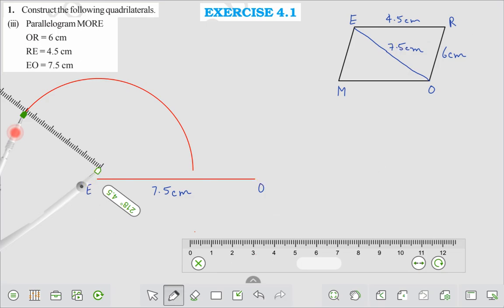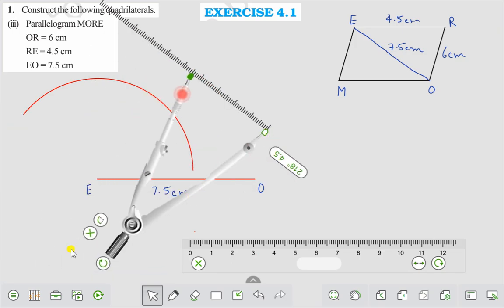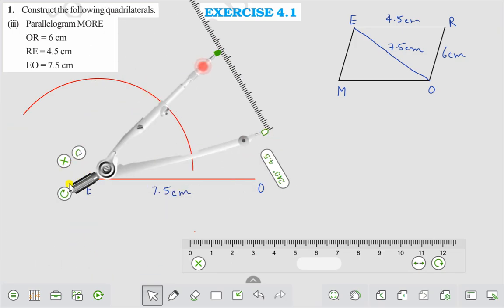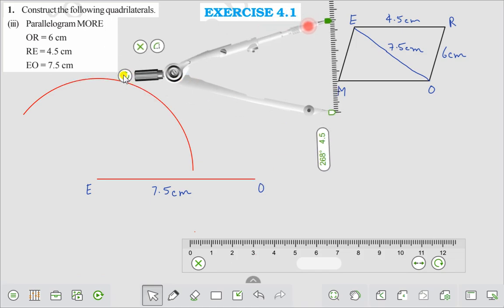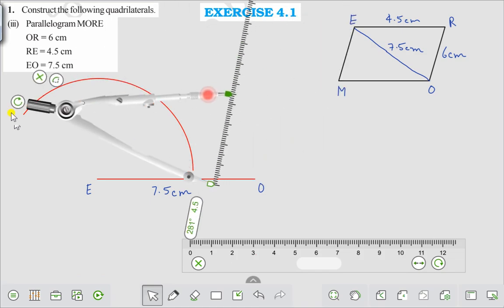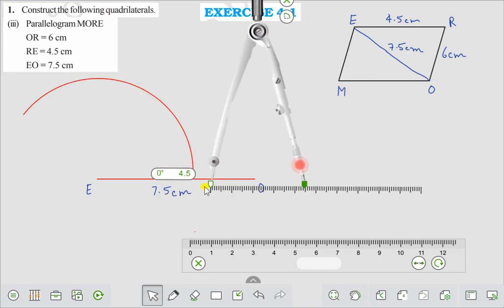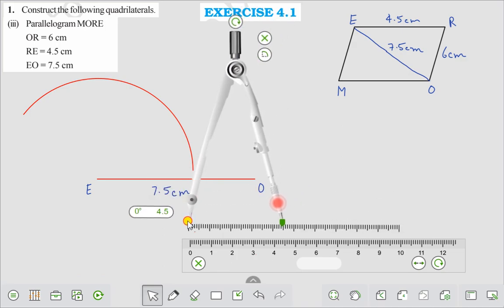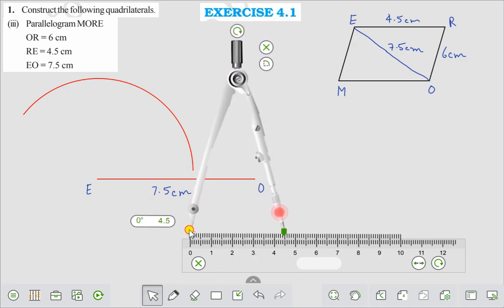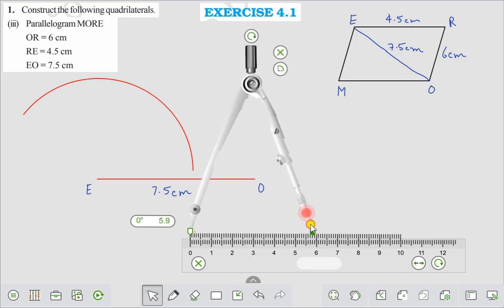Right? Again, take a measurement of RO, that is 6 cm. Let us take this pointer at 0, and take this measurement as 6 cm.